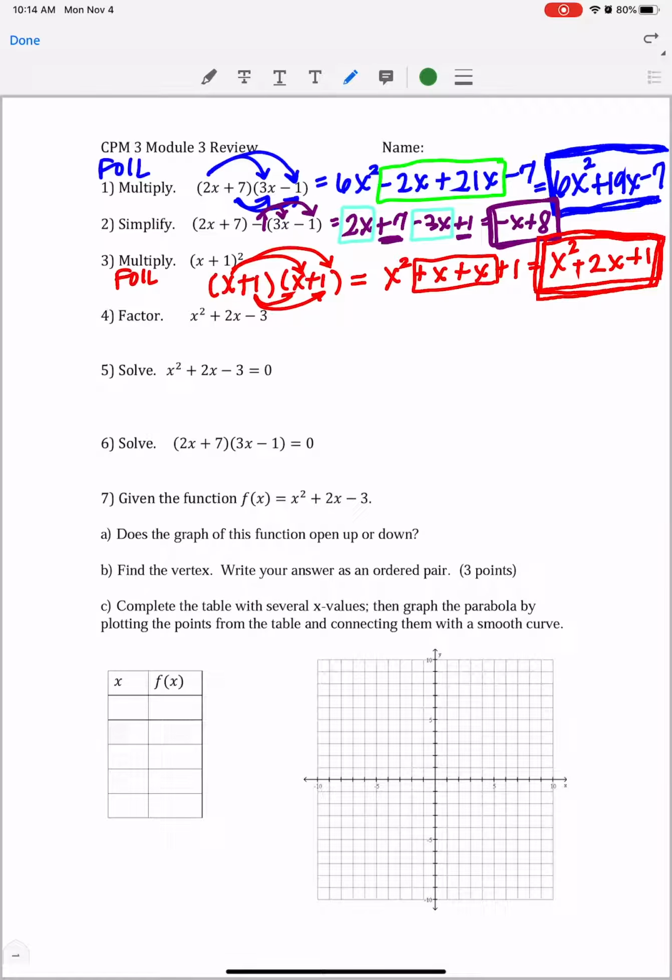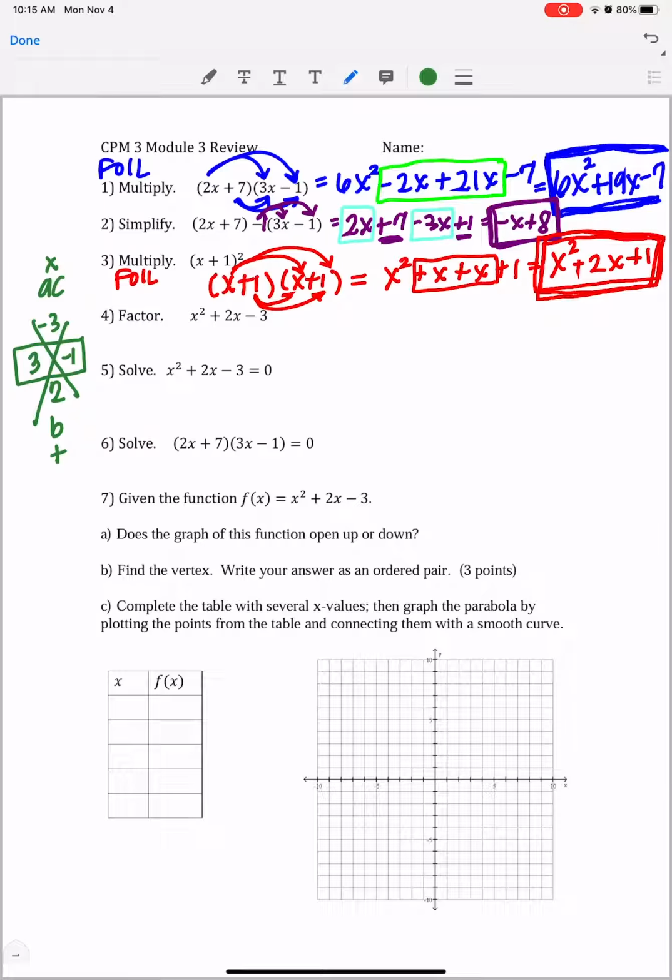So with both of these, you start the same way. You make the x. My a times c is 1 times negative 3. My b term is this middle one, 2. So what adds up to b and multiplies to ac, and that is going to be 3 and negative 1.